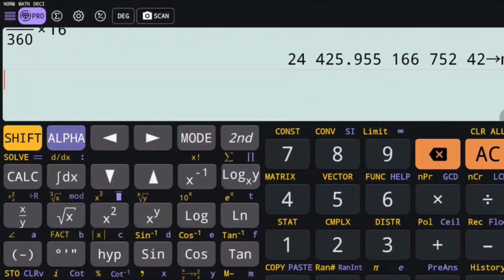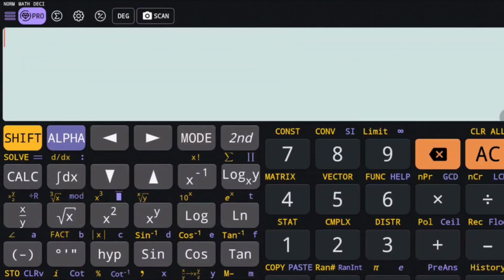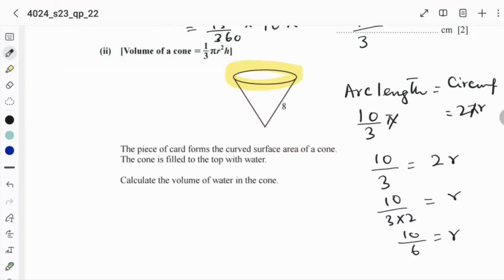10 upon 6 is the value of r, which is 1.67. The radius is 1.67. With the help of the Pythagoras theorem, it becomes very easy to find the height.